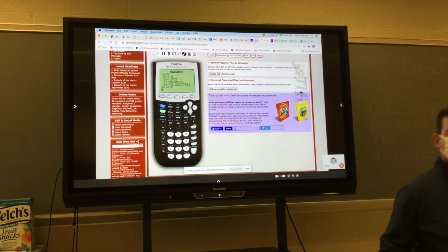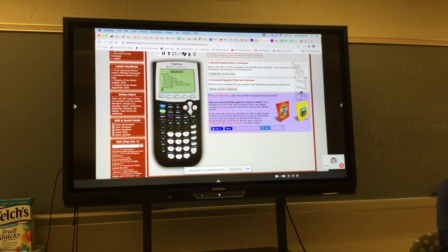So you can go with those 2 values, and then when you're calculating your confidence interval, we're going over to tests, and scroll down. We want a 2-sample T interval.